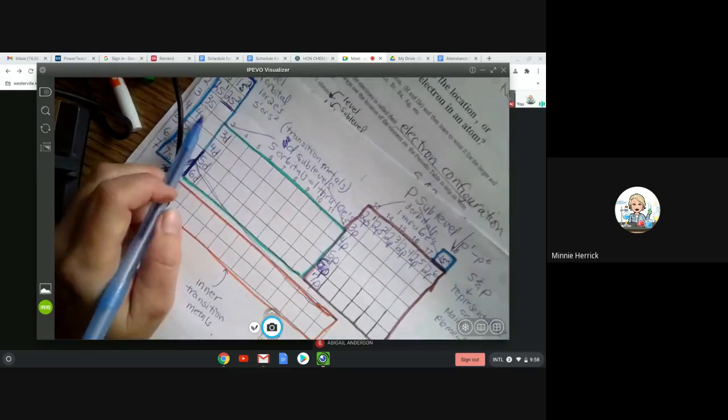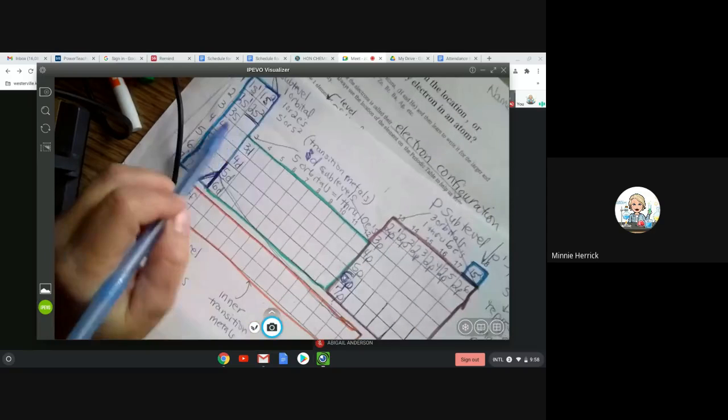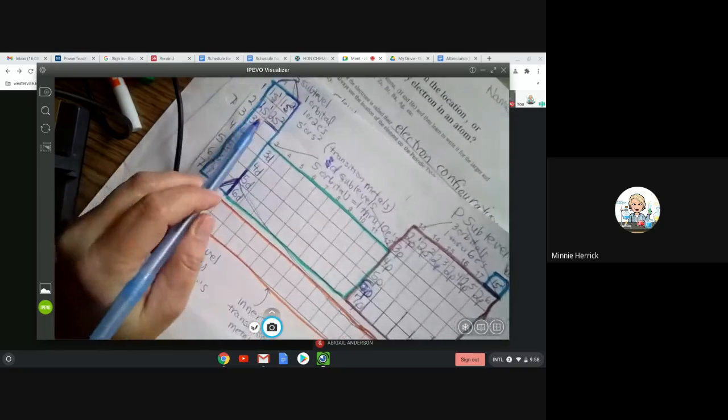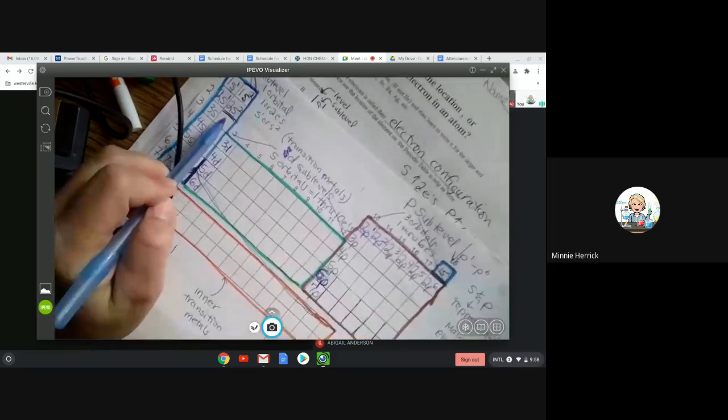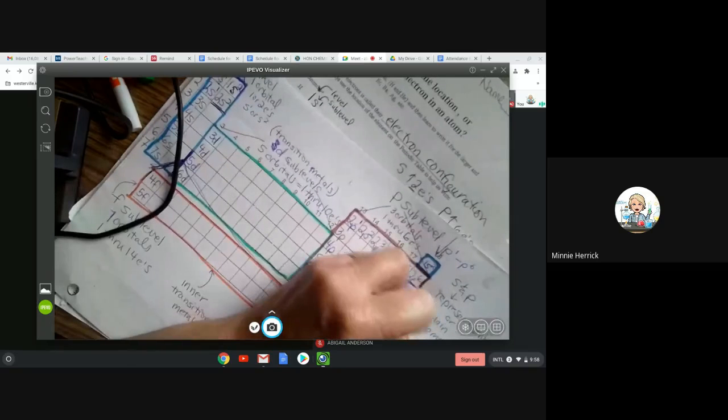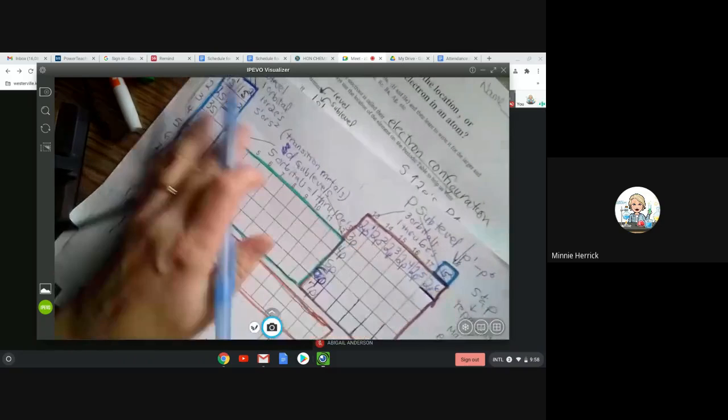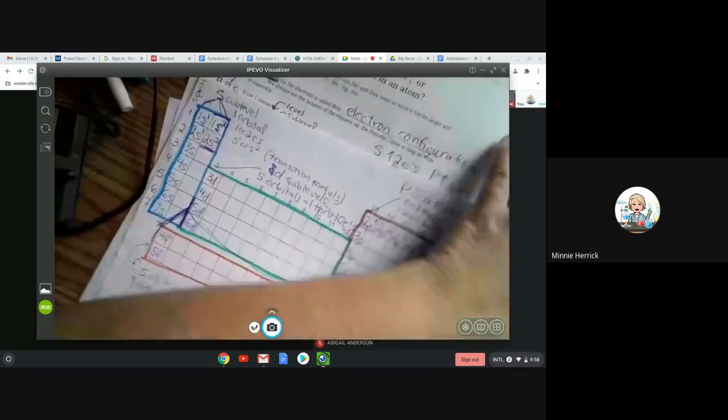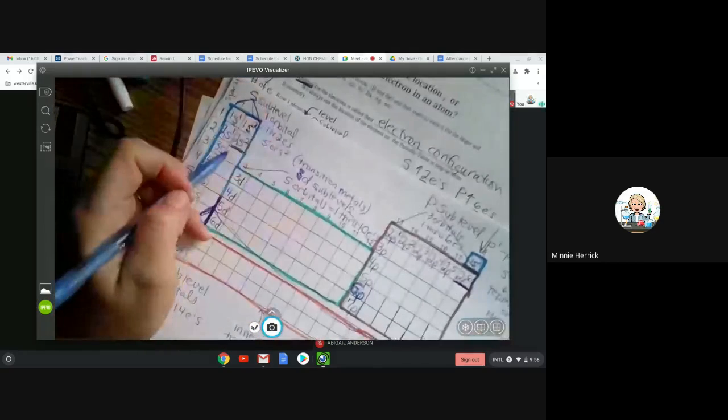Now, if you are in row 3, you're going to continue, but you're going to write out this 1s2, 2s2, and then you write out 2p6. So I'm underlining the full sublevels, and you're going to write out the full sublevels every time you go through a configuration.